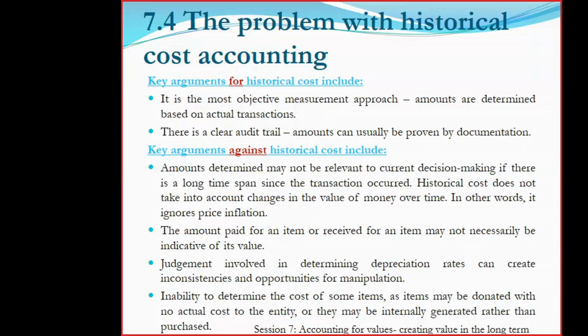So the conclusion here is that any historic price will not be used and should not be used for decision making, especially if there is a long time span since the transaction occurred. Okay, so you buy a car today for 100,000, and then next year you want to sell the car. Do you expect to get exactly 100,000?